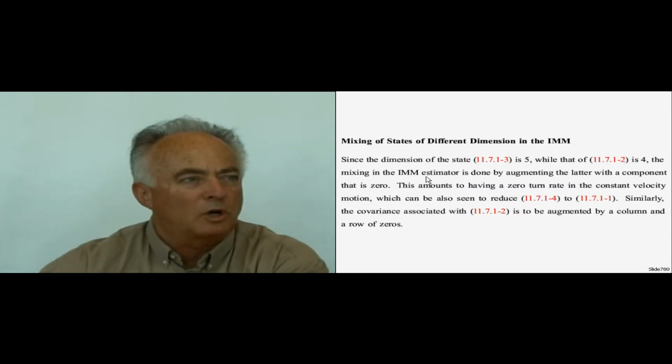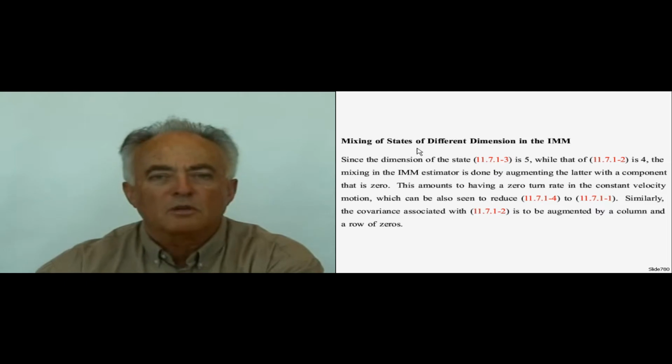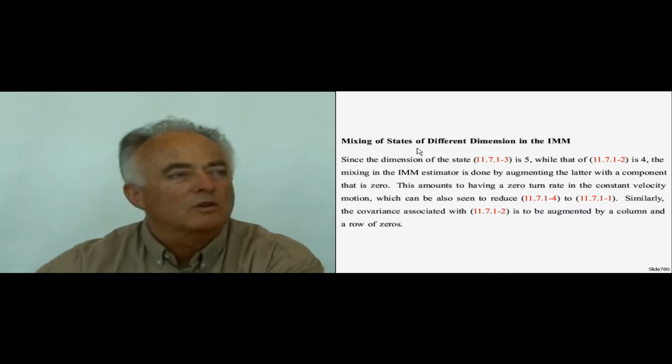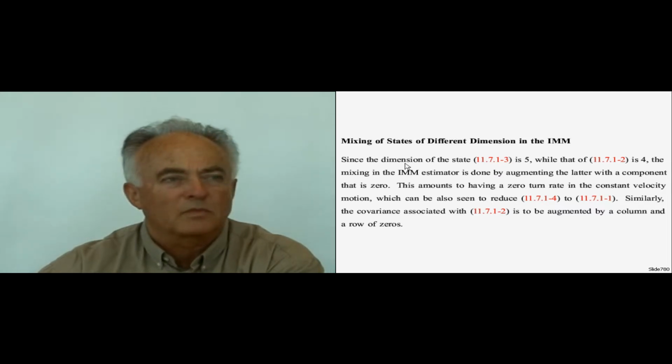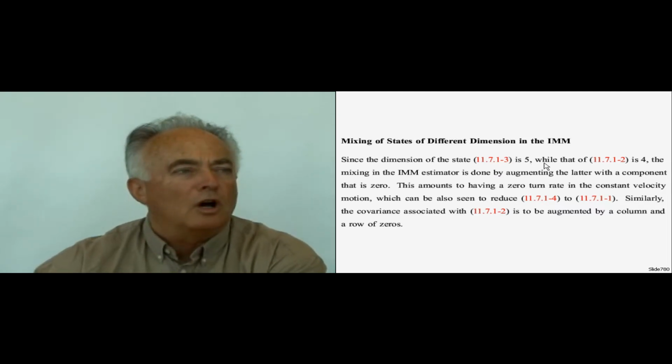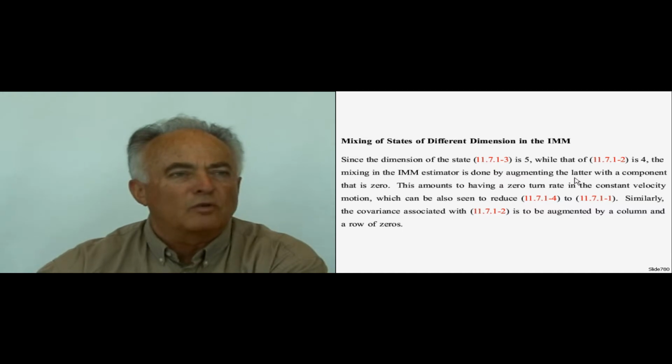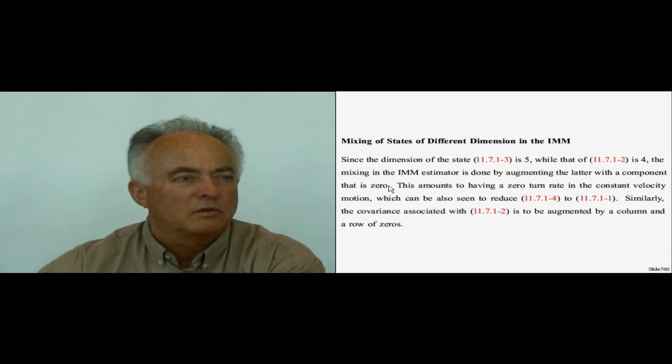Now, here we have a problem. There is an IMM in which we have two models. One has a 4-dimensional state, one has a 5-dimensional state. We had a mixing. How can we mix a 4-dimensional state with a 5-dimensional state? The answer is fairly simple. The mixing is done by augmenting the 4-dimensional state with a 5th component, which is 0.